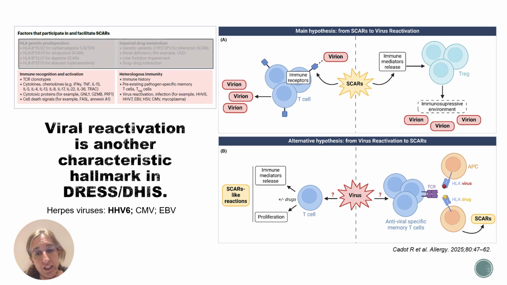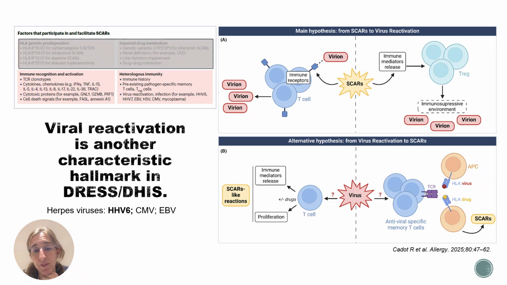We have it depicted in A, which is in some way the main hypothesis to go from SCARs to virus reactivation, either by the upregulation of immune receptors for virus entry and replication, this is the left panel, or by promoting the activation of Tregs. These Tregs at the end lead to an immunosuppressive environment, and this allows a virus-friendly environment here.